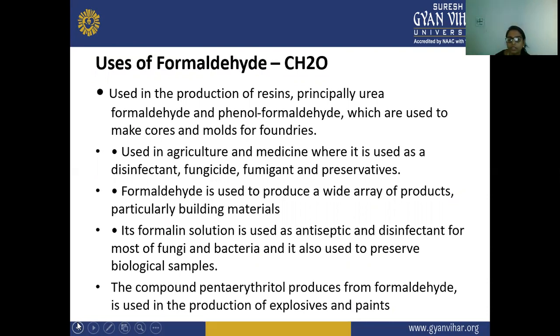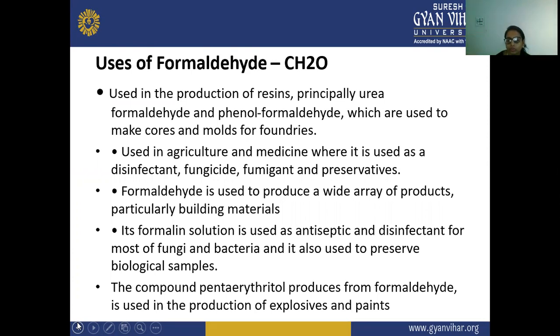So these formaldehydes are used in the production of resins, principally urea formaldehyde as well as phenol formaldehyde, which are used to make cores and molds for the foundry.